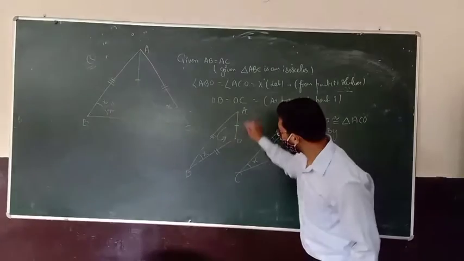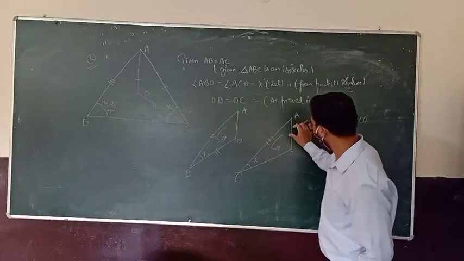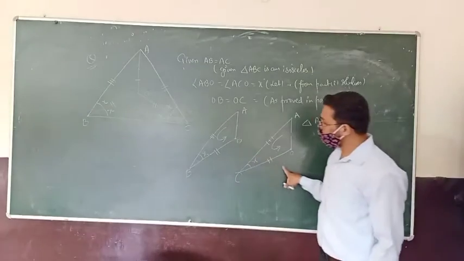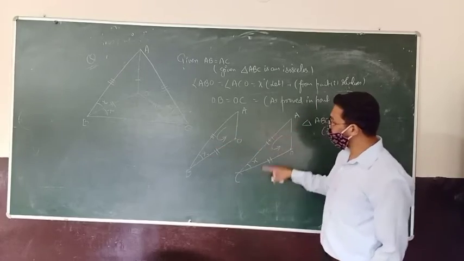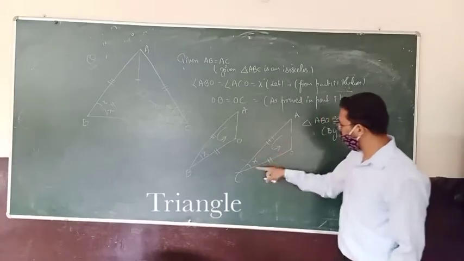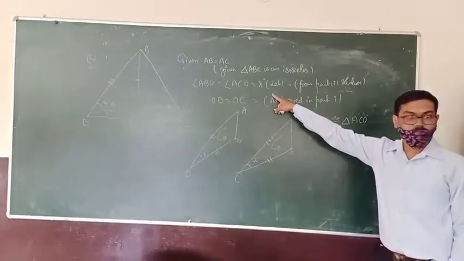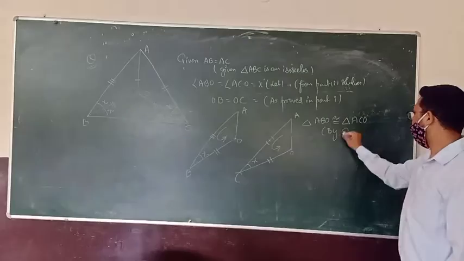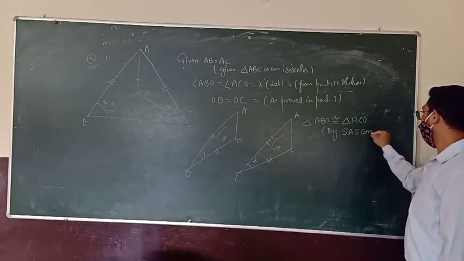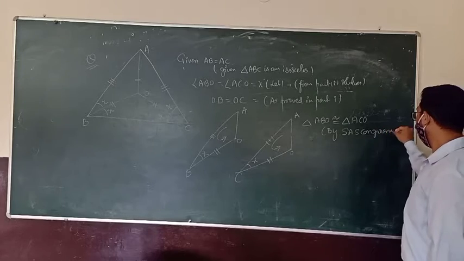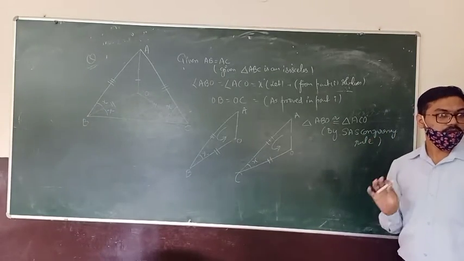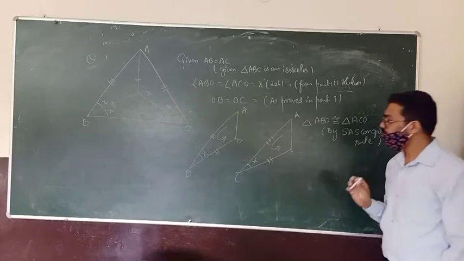OB equals OC, AB equals AC, and angle ABO and angle ACO equal x. So side angle side. So these two triangles are congruent by the side angle side congruency rule. Any doubt till this point? Any doubt, any student? Okay.